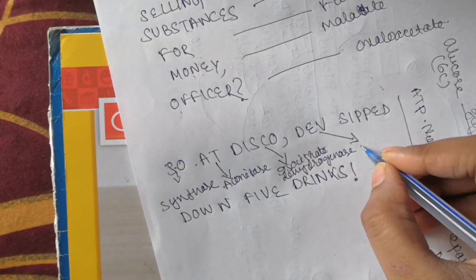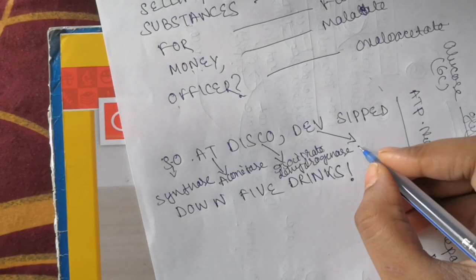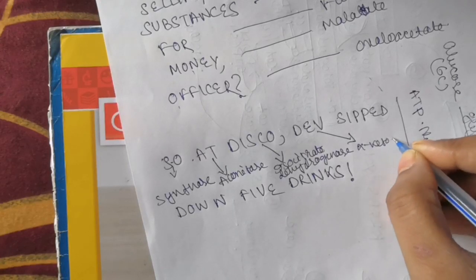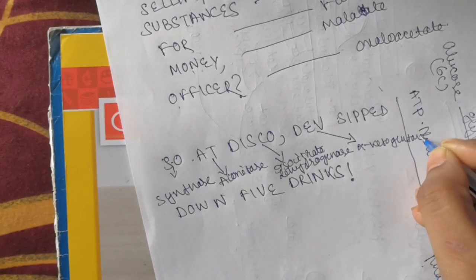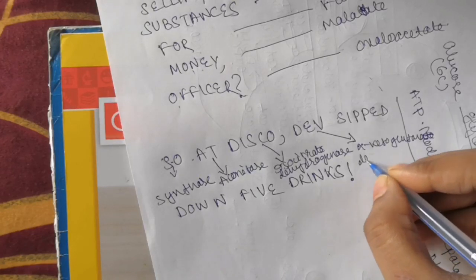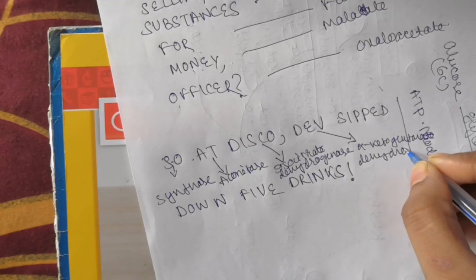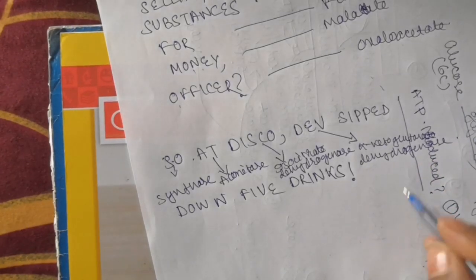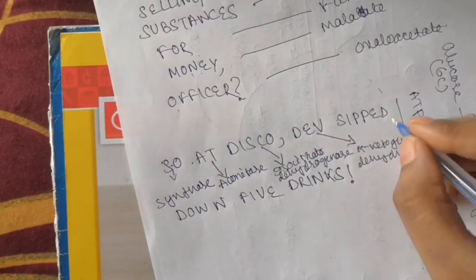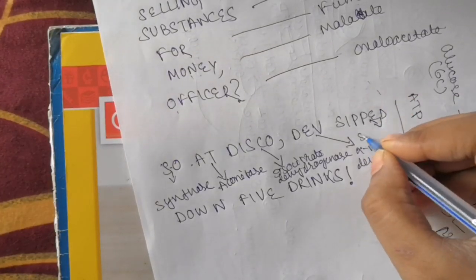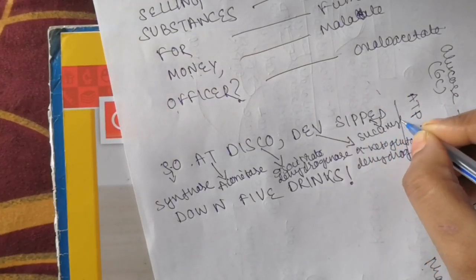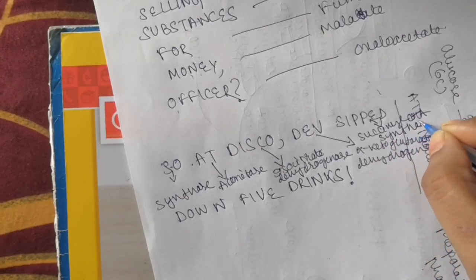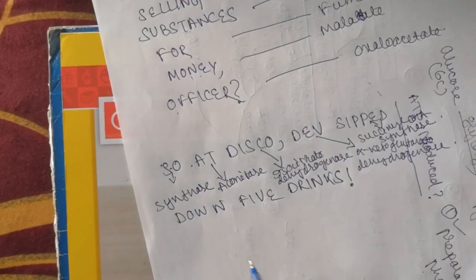They've means alpha ketoglutarate dehydrogenase. Sipped means succinyl coenzyme A synthase.